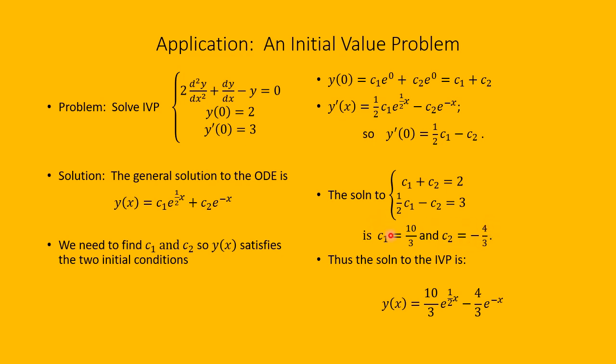So then we can substitute these back into this general solution formula, and so we'll have 10/3 e to the half x minus 4/3 e to the minus x, and that, which we have written down here also, will solve this problem. It satisfies this differential equation, and it also satisfies these initial conditions.